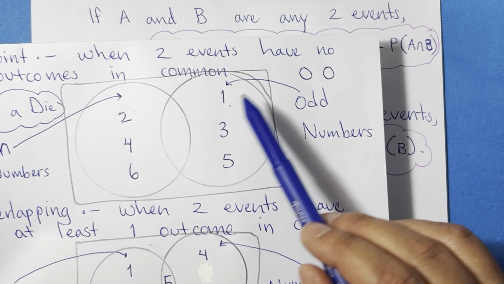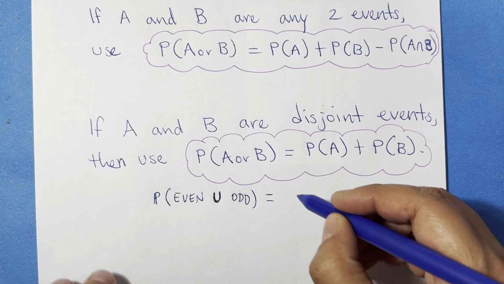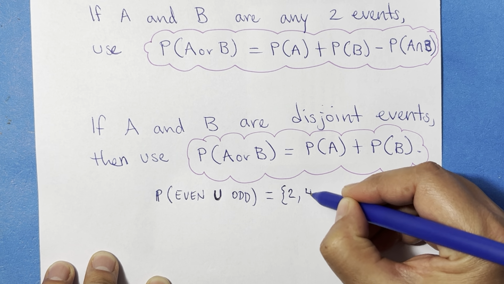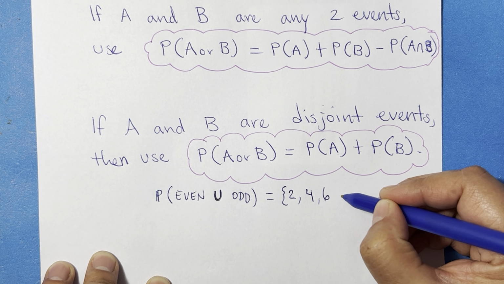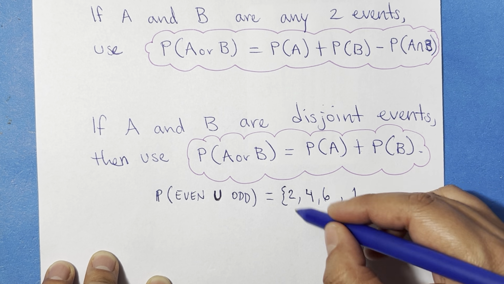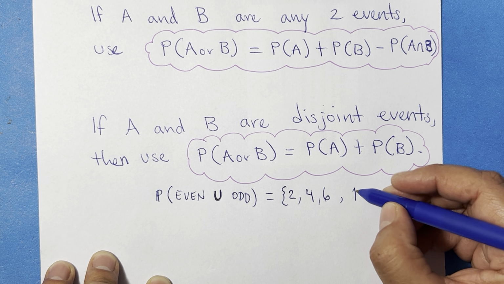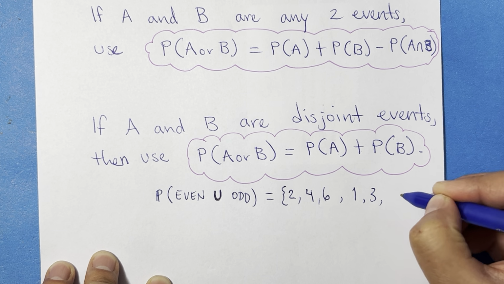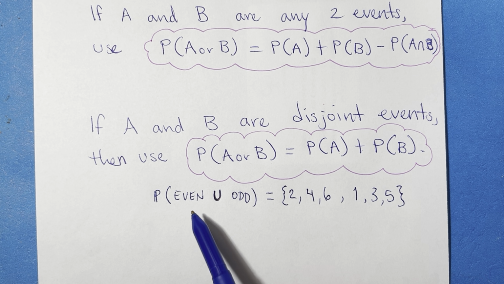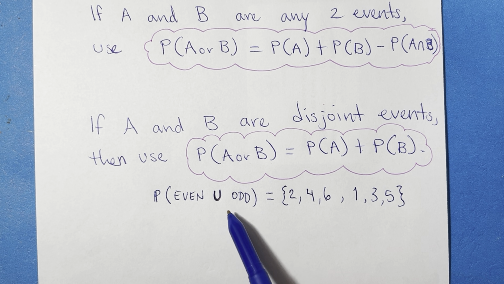Plus the probability of B, which is the odd numbers. So in that list, you would just include the 2, the 4, the 6, plus the 1, 3, and 5. This is the set of numbers that belong to the probability of even or odd.